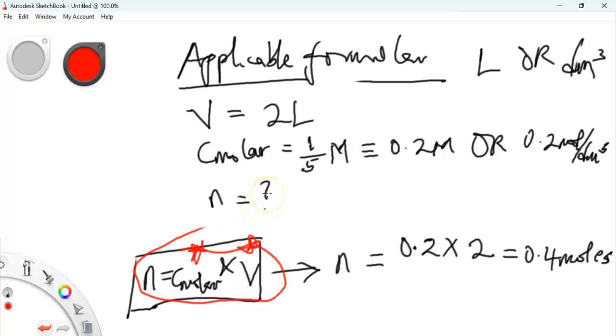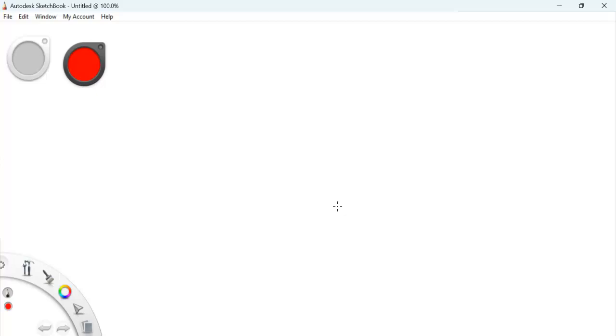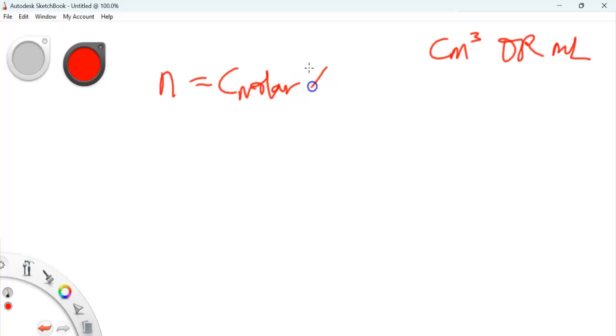But in any situation whereby you are seeing molar concentration, but the volume you are seeing is either in cm cube or in mil, what formula are you going to use? You are going to use the formula that says N is equal to C molar times V divided by the conversion factor, which is 1000.